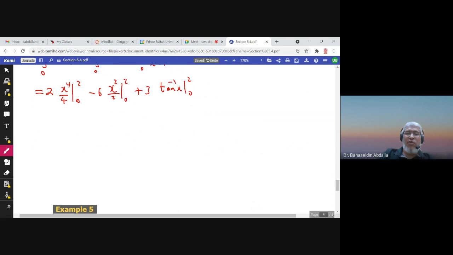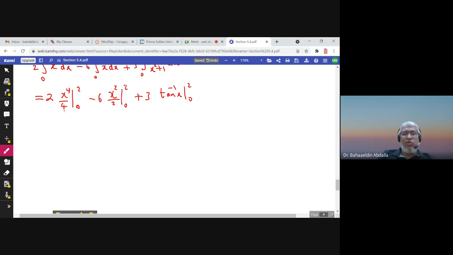So I will have the following. 2 over 4 is half, and x to the power 4 from 0 to 2. So I will replace x by 2, so I will have 2 to the power 4. Minus 0, there is no need to write minus 0. Minus 6 over 2 is 3. Replace x by 2, so I will have 2 squared or 4 minus 0.